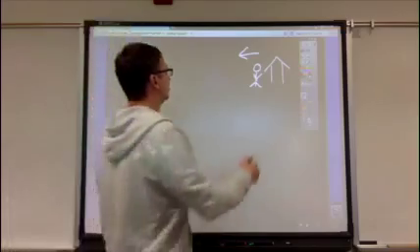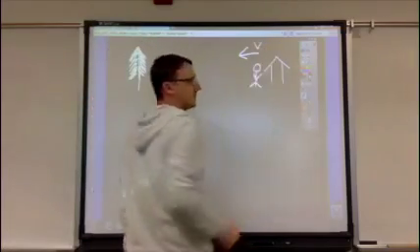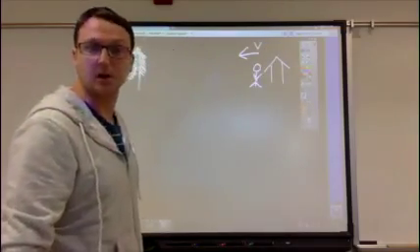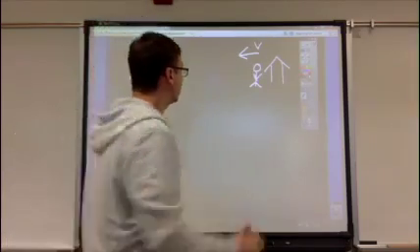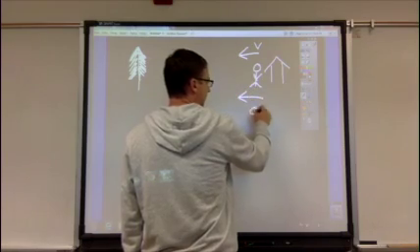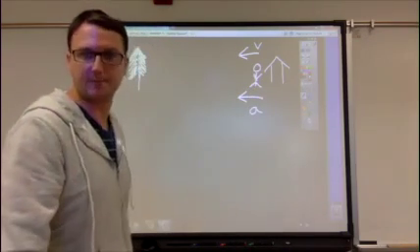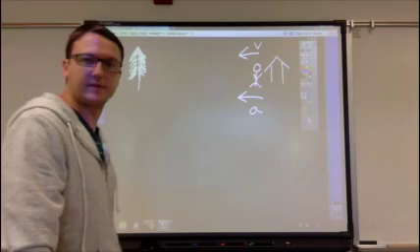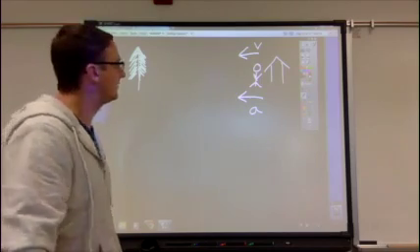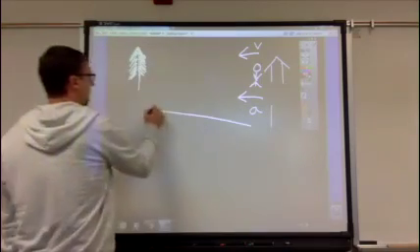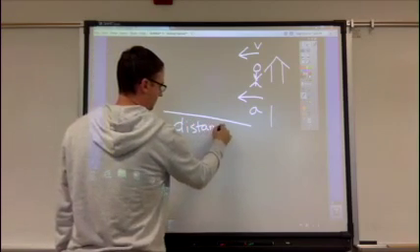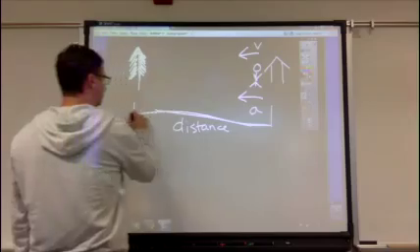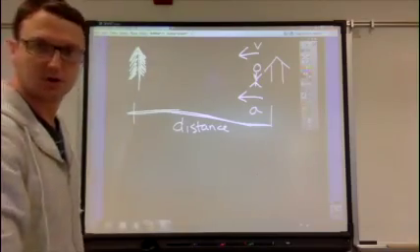Maybe he has an initial velocity of something. He notices that it's starting to get dark, so maybe he needs to hurry it up. He's going to give himself a little acceleration to speed up and get there. So we have an acceleration and a velocity. We can also label the distance he travels over time.